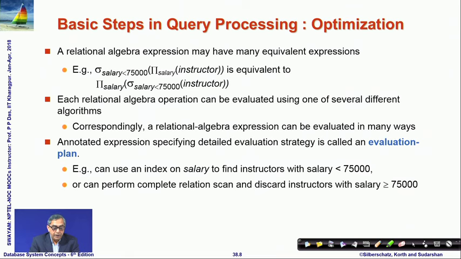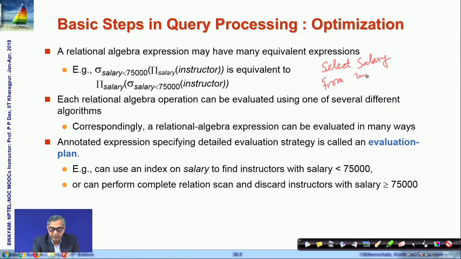For example, we select salary from instructor where salary is less than 75,000.